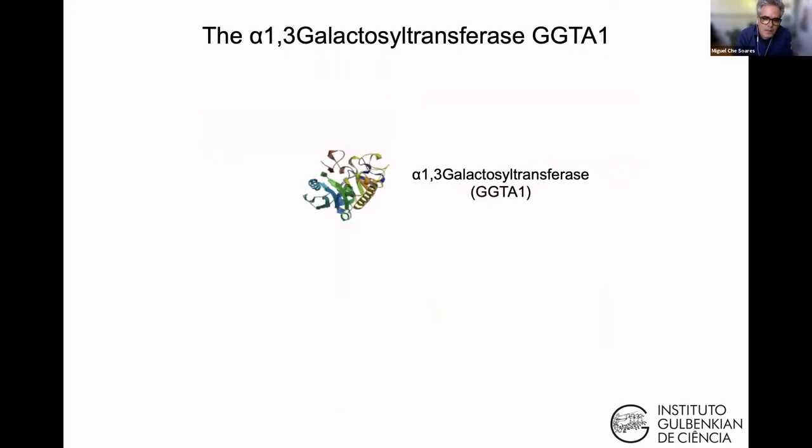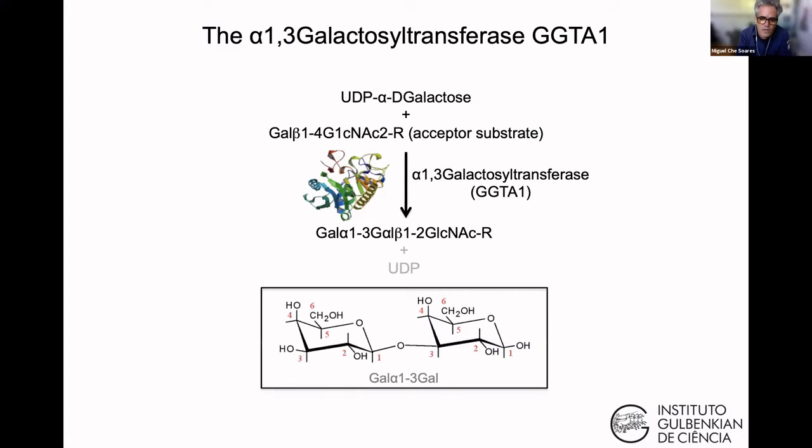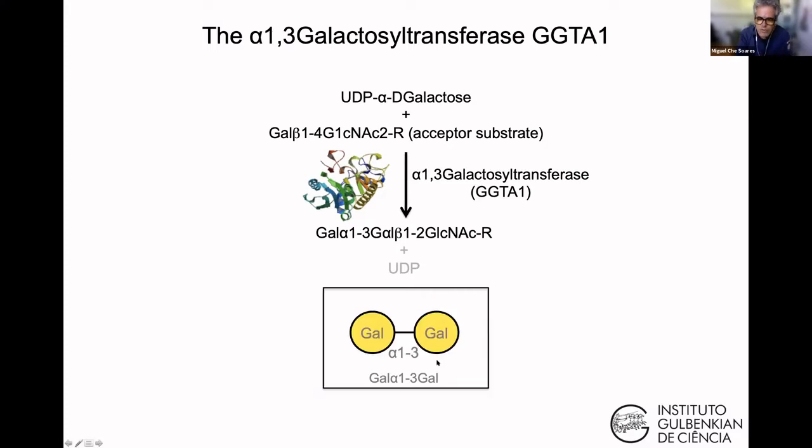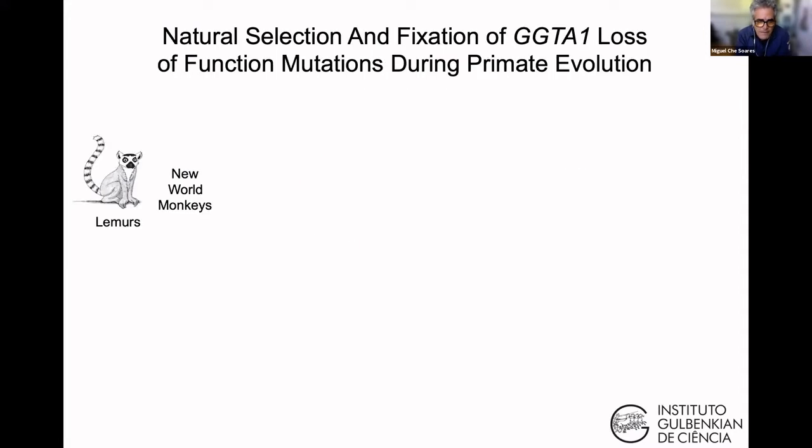The gene that we're going to talk about is GGTA1, alpha-galactosyl transferase. It produces two Gals linked via a 1,3 link, which is here, and we usually represent them like this. And the hosts that we're going to talk about are humans, ultimately.